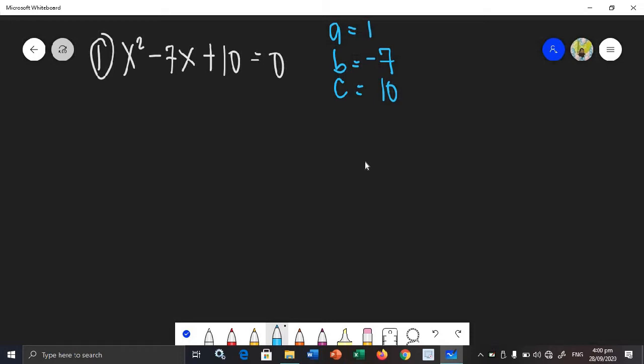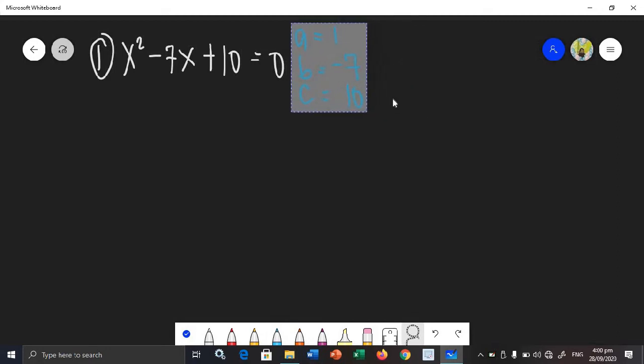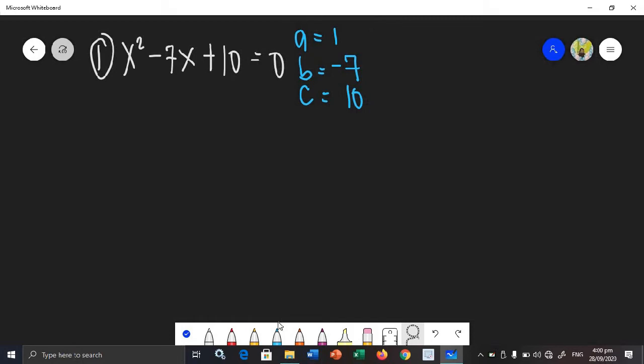Okay? Now that we have the values of a, b, and c, we can now use the quadratic formula. So I'm going to write the quadratic formula here. I'm going to move this first kasi using this method, asahan nyo na sobrang magiging mahaba ng solutions ninyo.